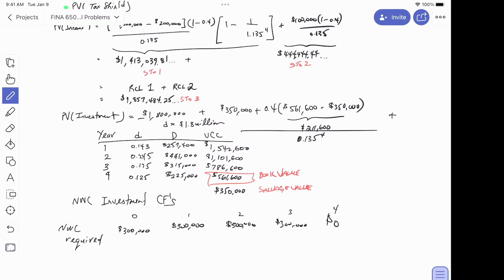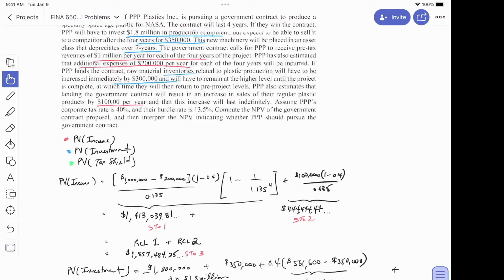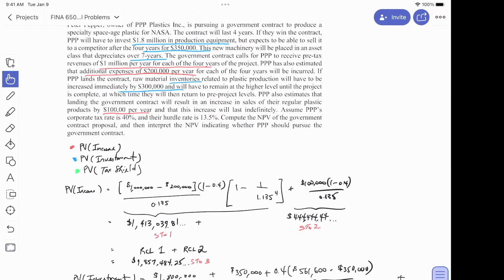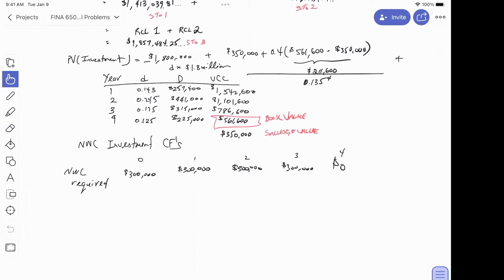Well, we'll look at it later. It depends how it's worded. It might be worded differently. In this one, I say increase immediately by 300,000 and will have to remain at the higher level until the project is complete. So I'm not sure what the other problem is, but we'll look at it after. Make sure we're consistent. So it's 300,000 across, and then the 4th year it's 0.